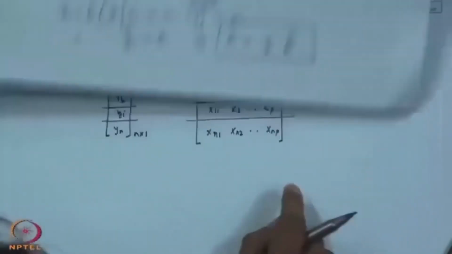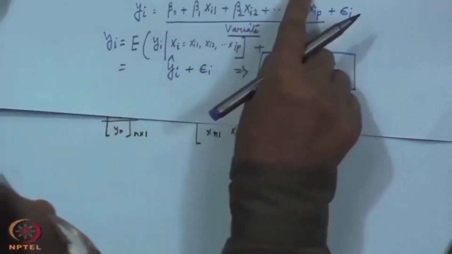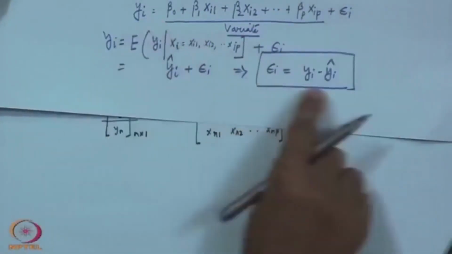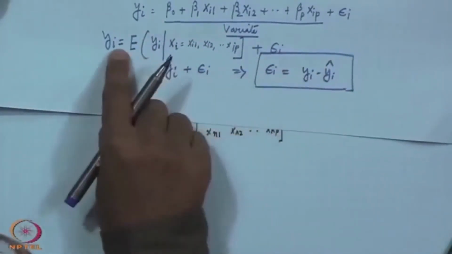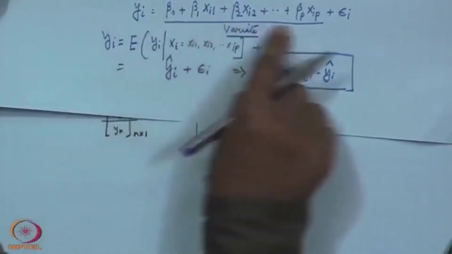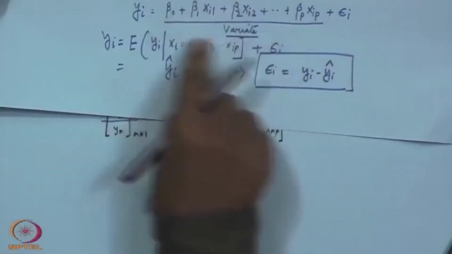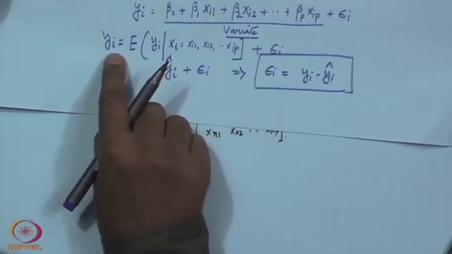So, essentially what have we found out here? We have found out all the regression coefficients, also the error term. And we also described that this linear combination is the variate, and this variate talks about the expected value of y given this condition.